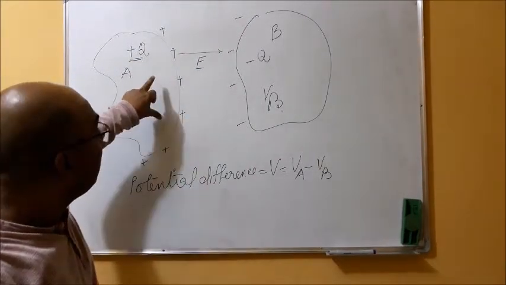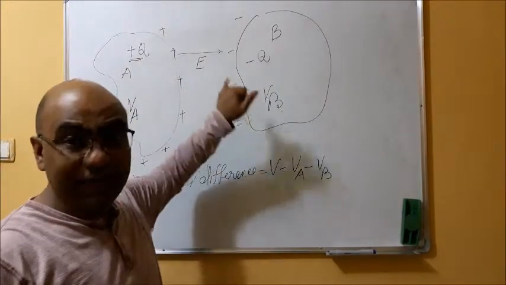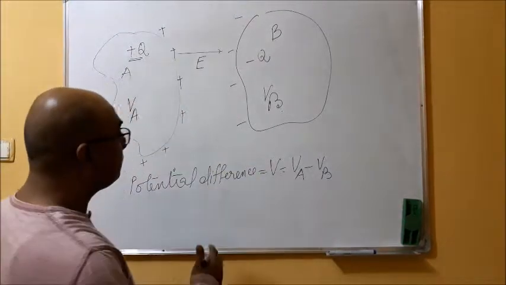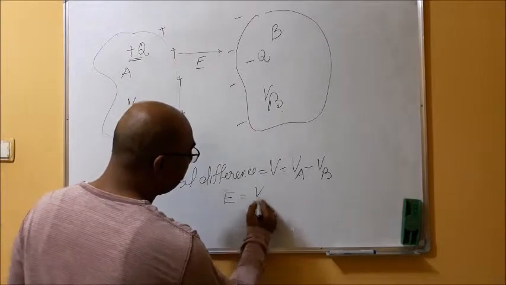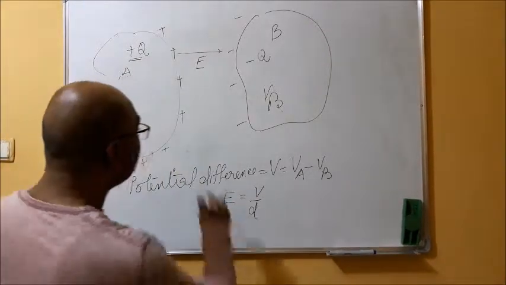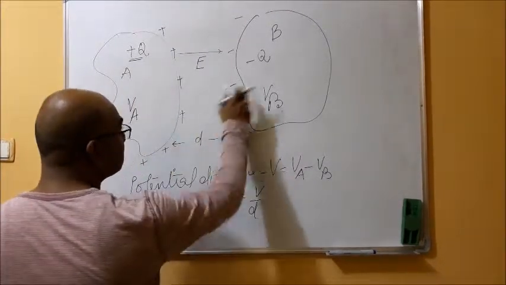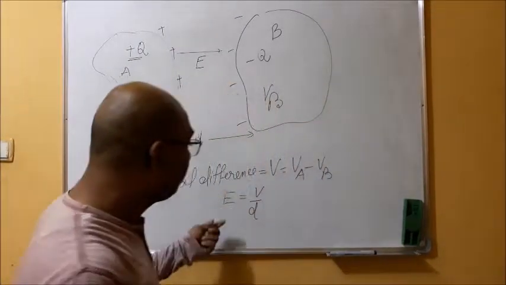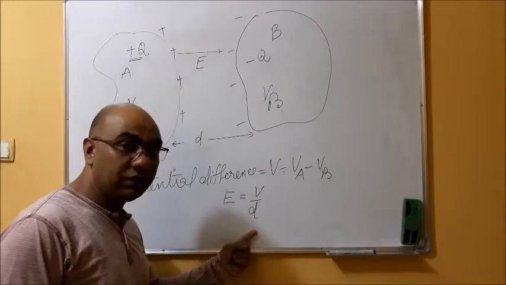This means if we have more charge, more E, less charge means less E. At the same time, you know the formula that E is given by V divided by D. The potential difference and the separation between these two surfaces will give the value of electric field by the formula E equals V upon D.